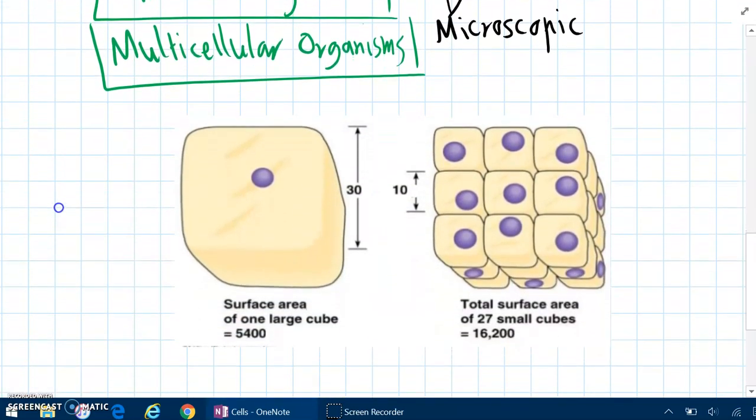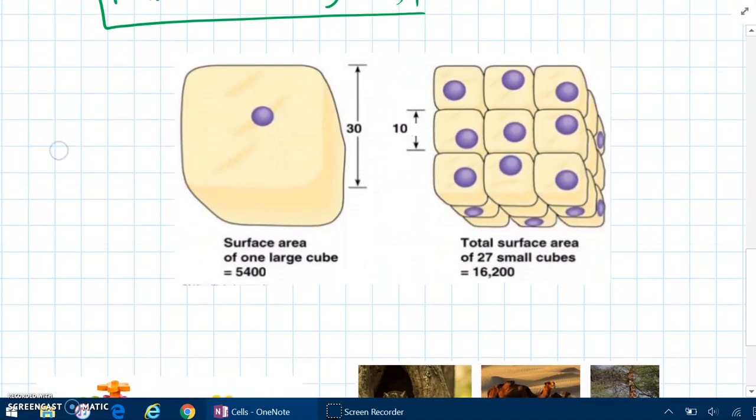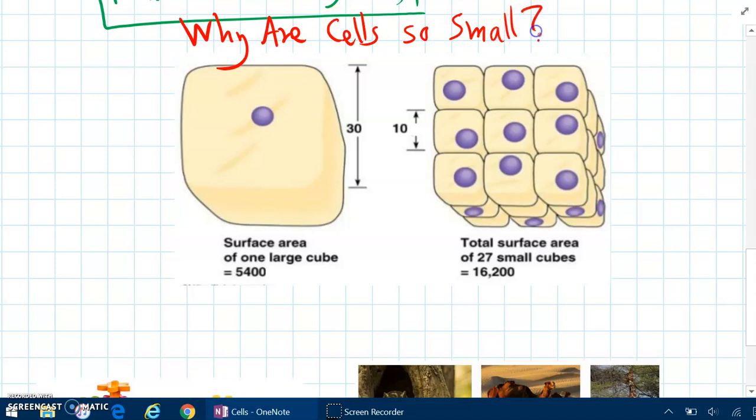The next question to ask though is, why are cells so small? Why isn't a big animal, like a human, why aren't we just made of one cell? Why are cells so small? Well, the main reason for that is because of nutrients and wastes.